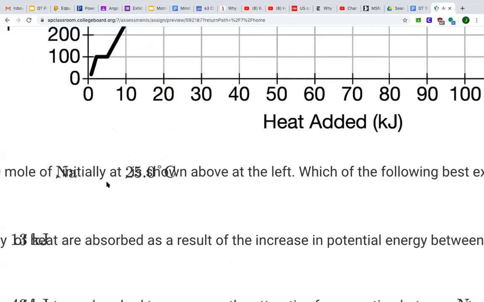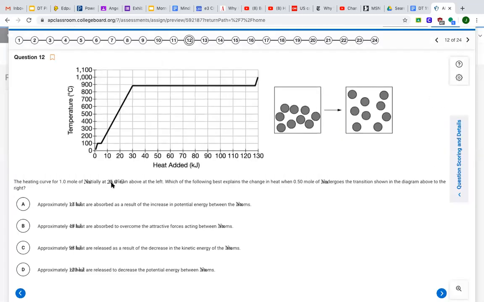Sodium, Na. Okay, that's Na, sodium, not N2. Which of the following best explains the change in heat when 0.5 moles of sodium undergoes the transition shown in the diagram above to the right? Okay, the change in heat.